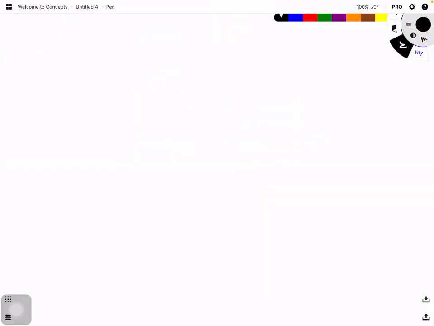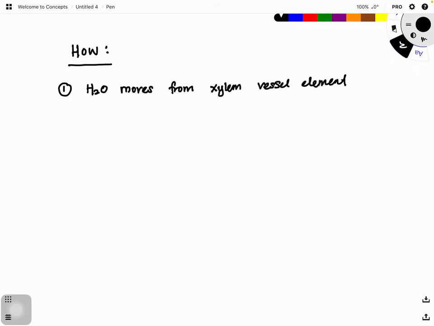So to describe the process, or how the water actually moves, the first marking point is that water molecules move from xylem vessel element to mesophyll cells. You don't need to explain, okay? It can be the cell wall, it can be the cytoplasm.